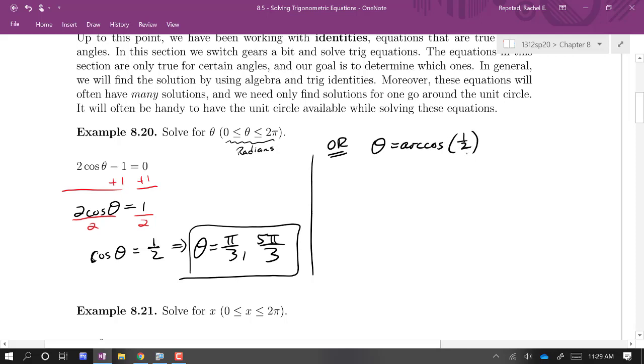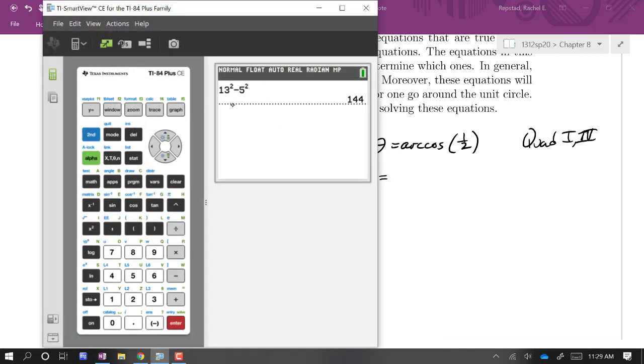We have to understand that if cosine theta is 1/2, that there's an answer in both the first and fourth quadrants, and find both of those. You know, we get our reference angle and then find the angles that we're looking for. Since one of ours is in the first quadrant, I'm just going to use arc cosine of 1/2 in my calculator, making sure my calculator is in radian mode.